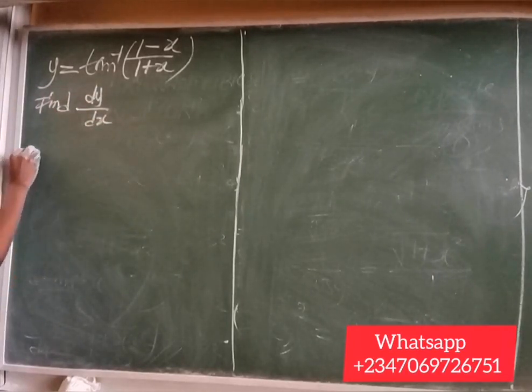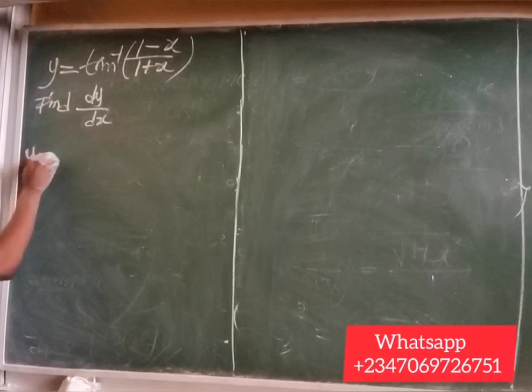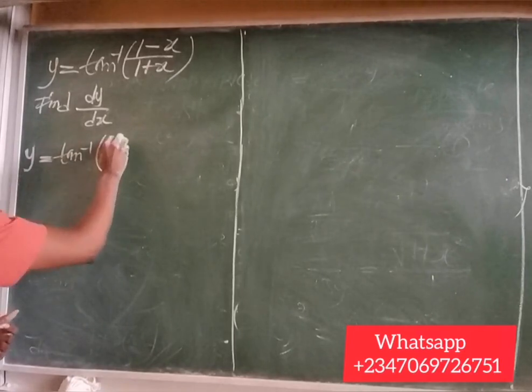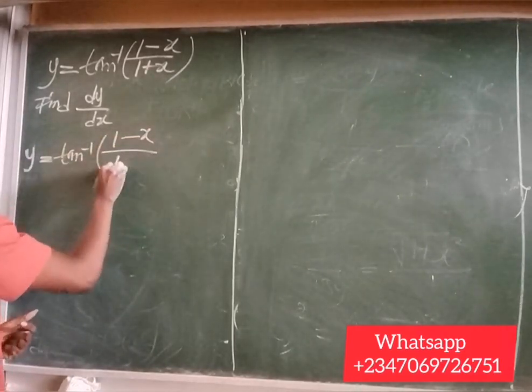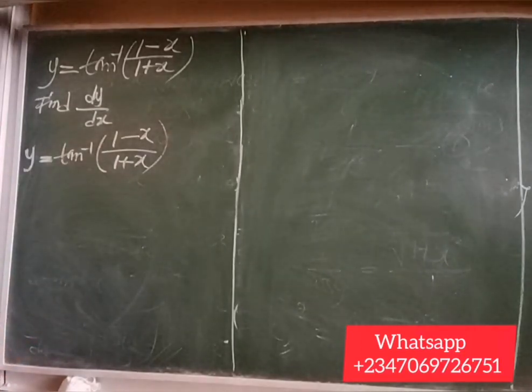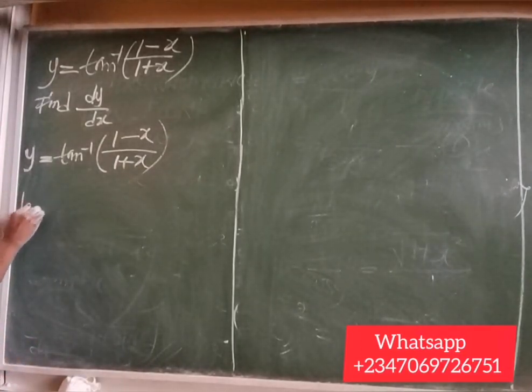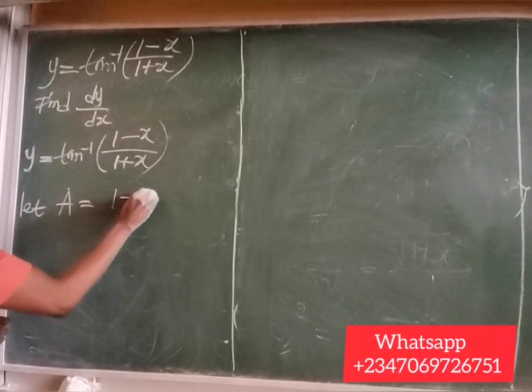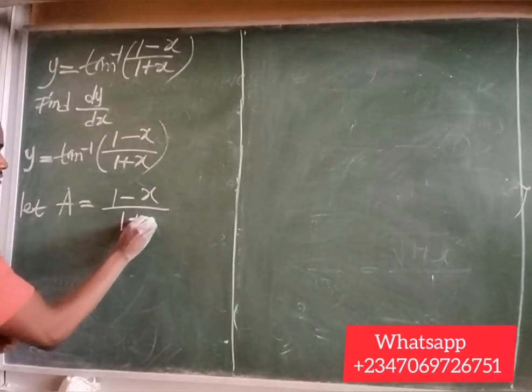So from y equals tan inverse of (1 minus x) all over (1 plus x), this is what I will do. I will simply say let a be equal to 1 minus x all over 1 plus x.